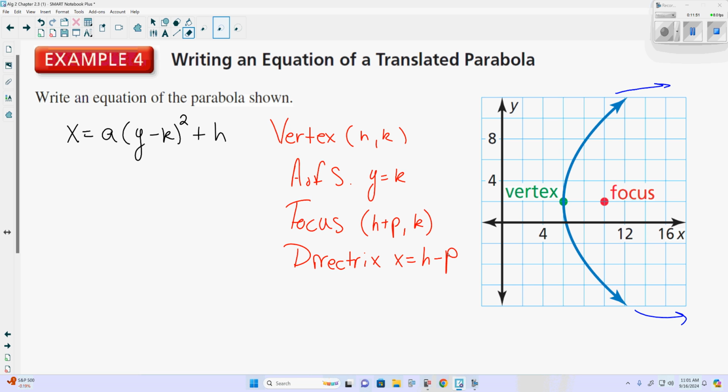Because it is x equals, the vertex is h comma k. Axis of symmetry, y equals k. Focus, h plus p comma k. Directrix, x equals h minus p. This is all just based off the general information. This is how this formula should look, depending on a, h, k. And again, our a and p are going to connect, and we'll see that here in a second.